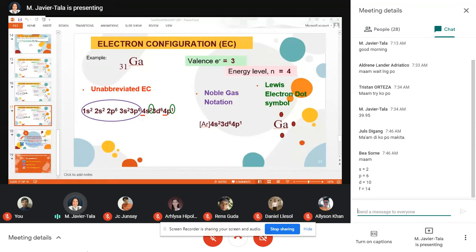And from this, you would be able to write the number of valence electrons, which is 3, and your energy level. Again, as I have mentioned, you look for the highest number within your unabbreviated electron configuration. The energy level will be 4.